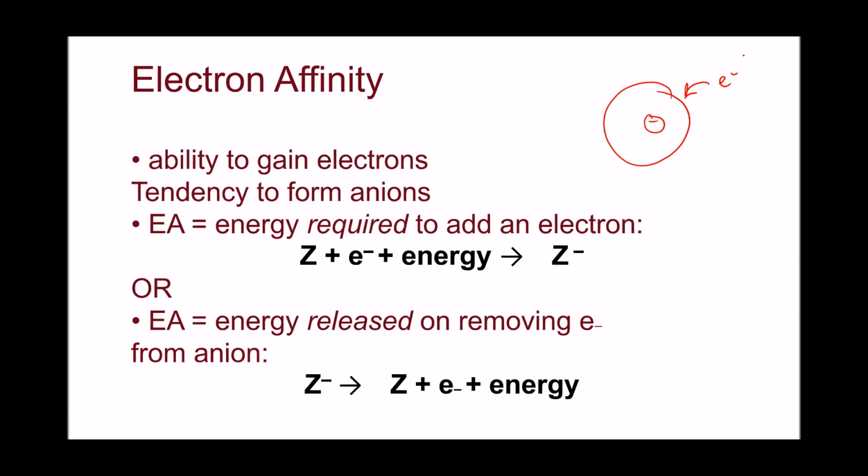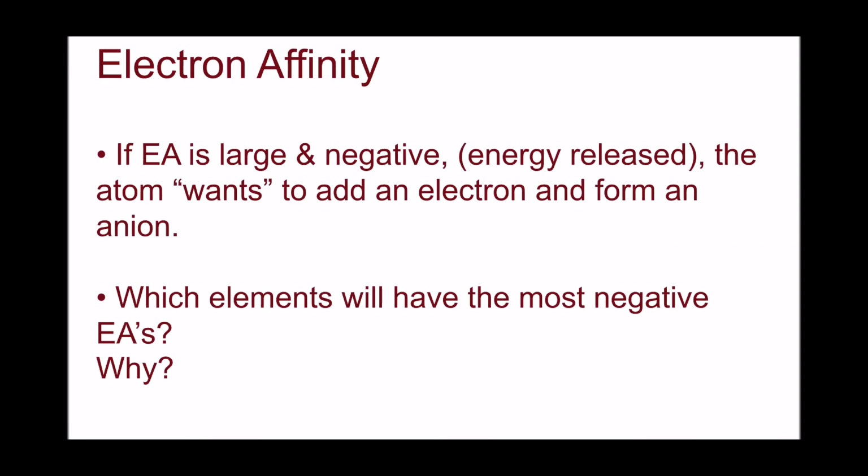If you take an anion of that element and try to remove the electron, how much energy will be released. So if the electron affinity is a larger negative number, that means a lot of energy is released, which means the atom actually favors adding an electron to form an anion.